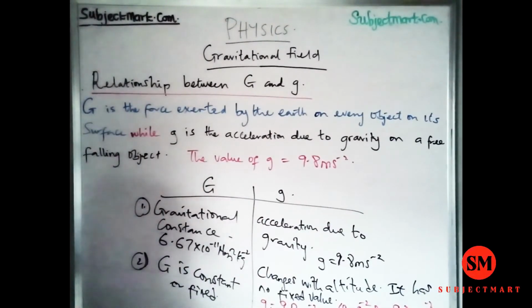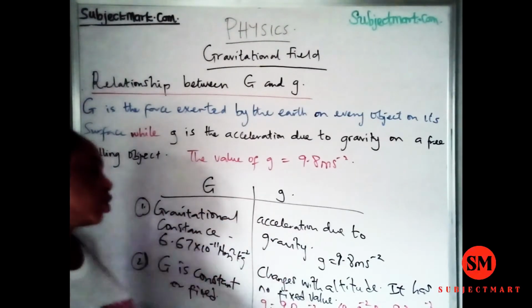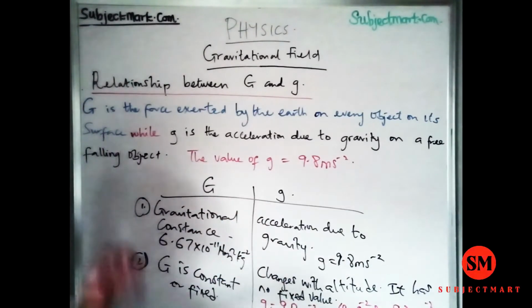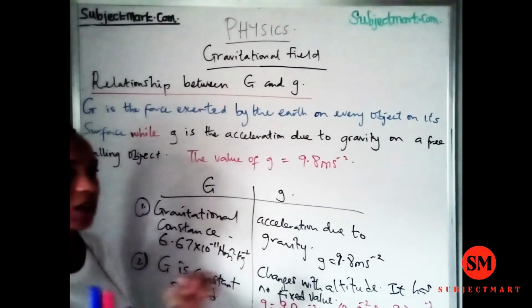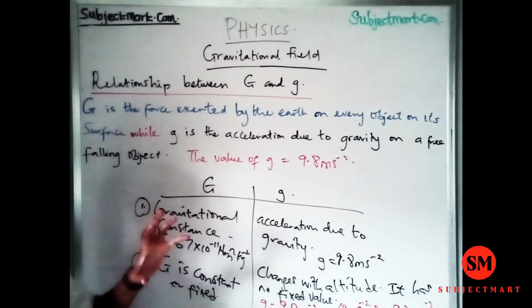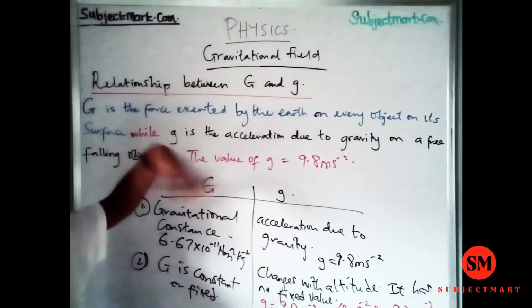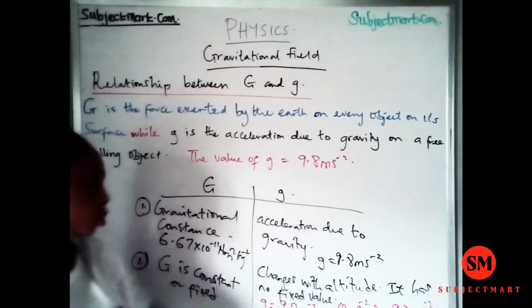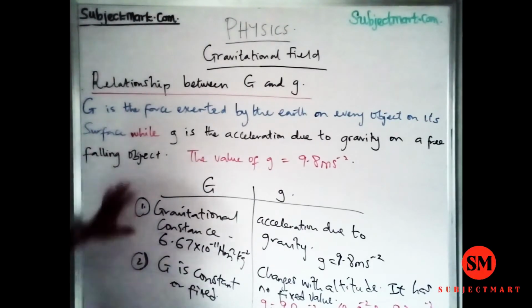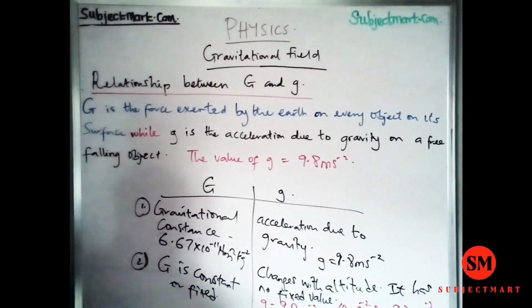That is simply because small letter g changes with altitude. At the center of the earth, the small letter g is higher, is greater. But as we move away from the center of the earth, as we move up, it tends to be lower. But capital G, on the other hand, is fixed. The value is constant.